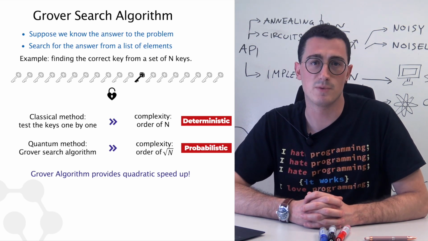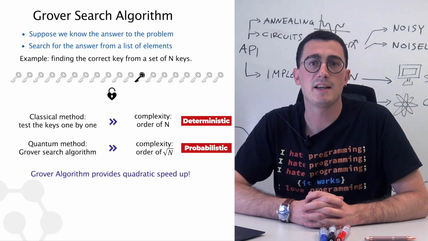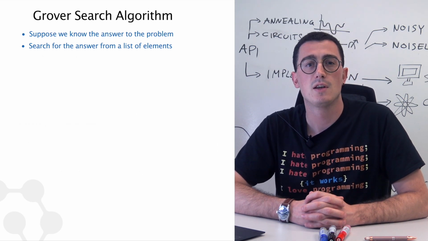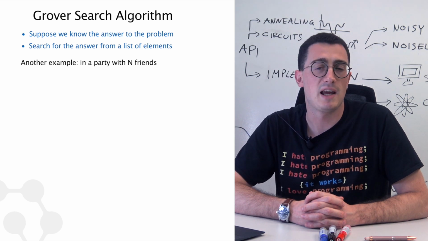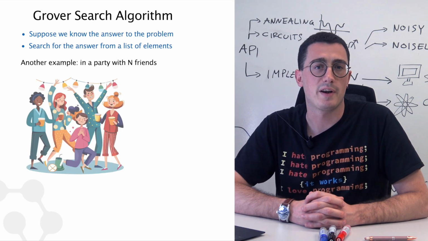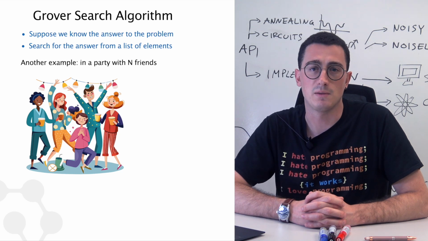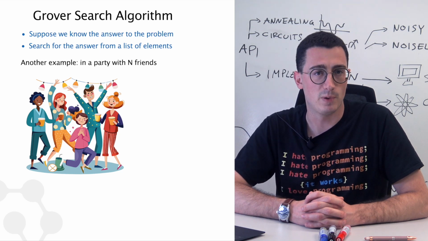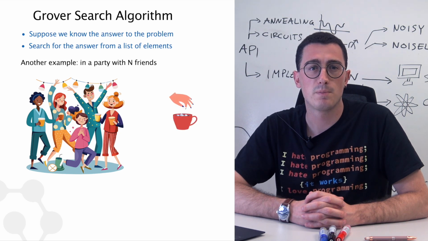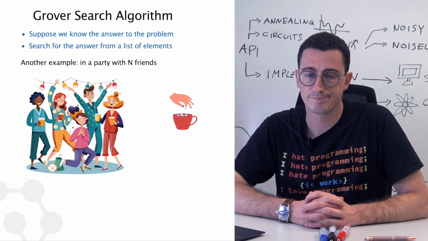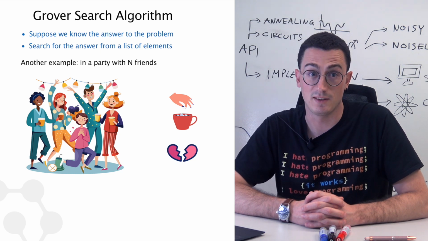To make the lecture more fun, let's make a practical example. Suppose you are partying with many of your friends. Perfect. You are enjoying your coffee while listening to music, and at some point you get distracted and someone, without you noticing, pours some sugar into your coffee. This is a disaster, because you like to drink the coffee bitter.